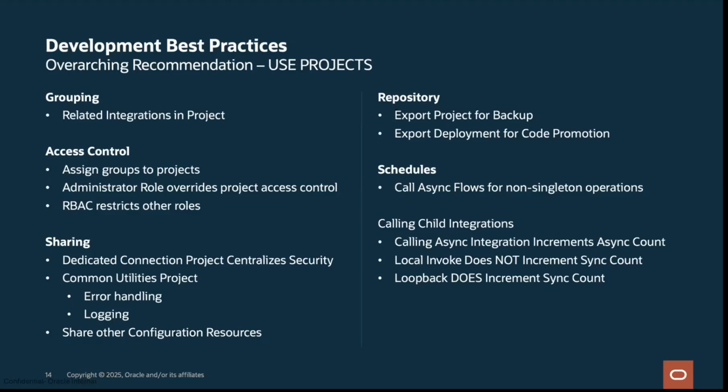But for sync, if you make a sync call, we will increment your concurrency level, but we will not stop that internal call from happening because you've already got a running integration. But it may mean that another brand new integration won't be able to run because you've exceeded the sync limit.